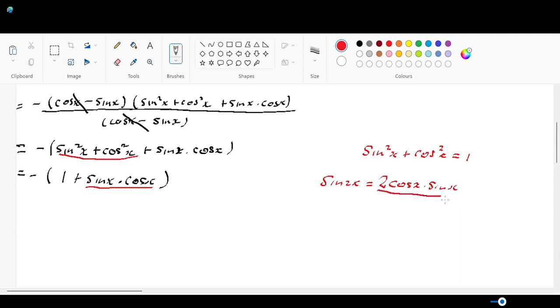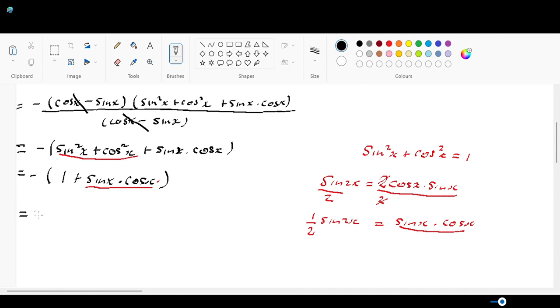You can just divide by 2 throughout. If we divide by 2, this 2 and 2 give you 1. This side you are left with half sine 2x, which is the same as sine x multiplied by cos x. As you can see, this one here is the same as that one. So meaning we can change that, guys.